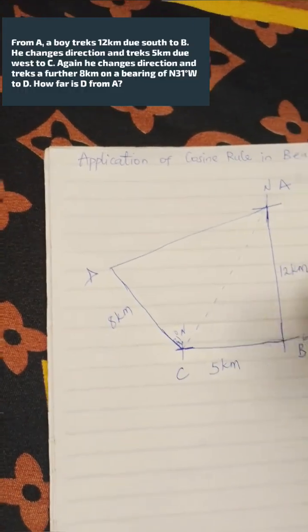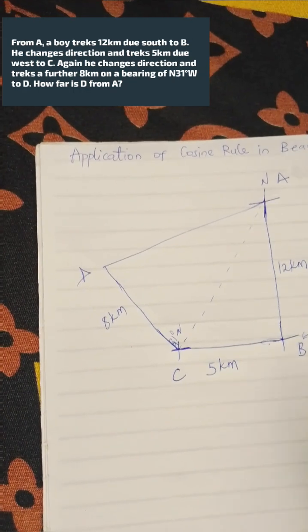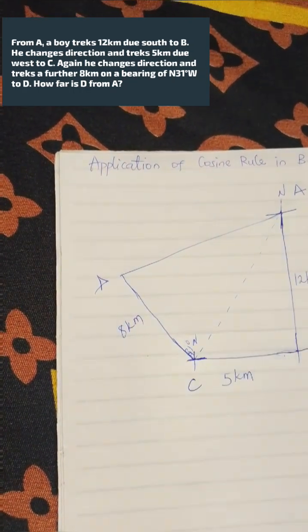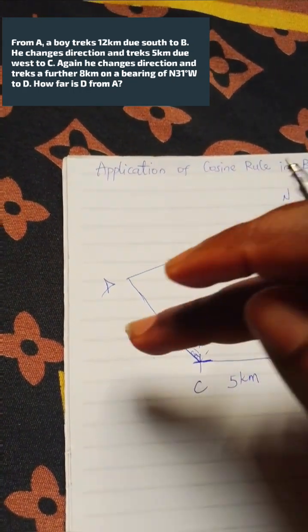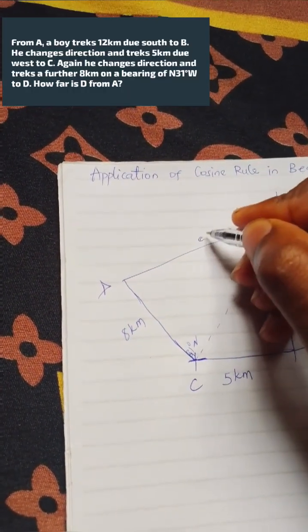So now I have a triangle here and a right angle triangle here. Remember, this is 31 degrees, these are 5 kilometers, 12 kilometers, 8 kilometers, and this is what we're looking for. Let me call it small c, side c.